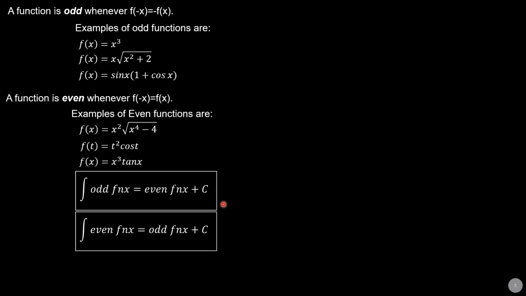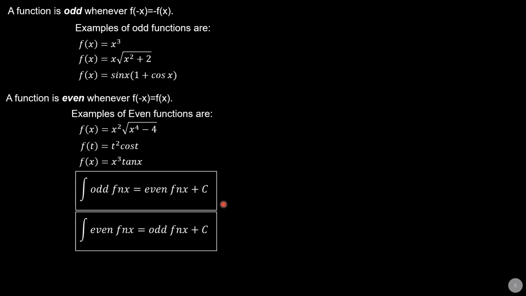Now, how about for definite integrals? For the integral of an odd function, if the limits are numerically the same except the sign, for example negative a to a, because the integral of an odd function is even, then even function of positive a minus even function of negative a, they are equal.